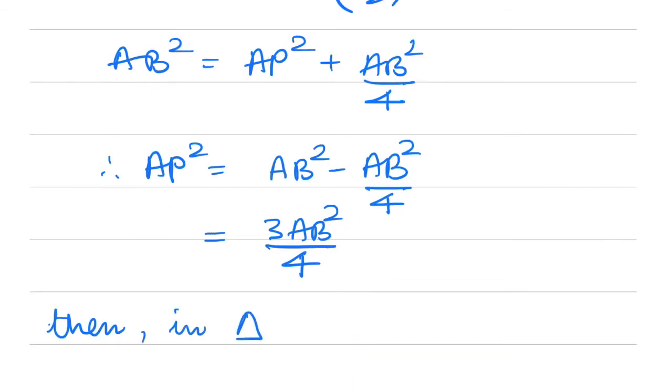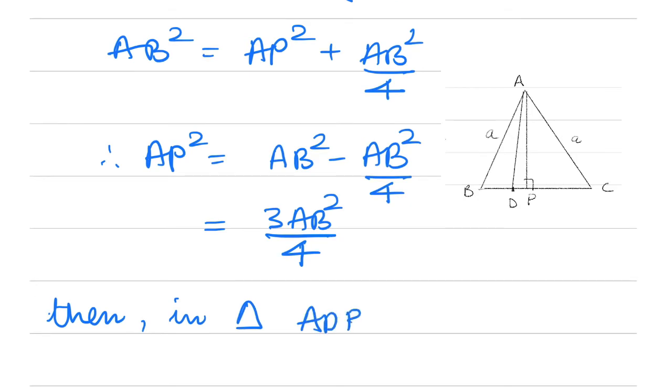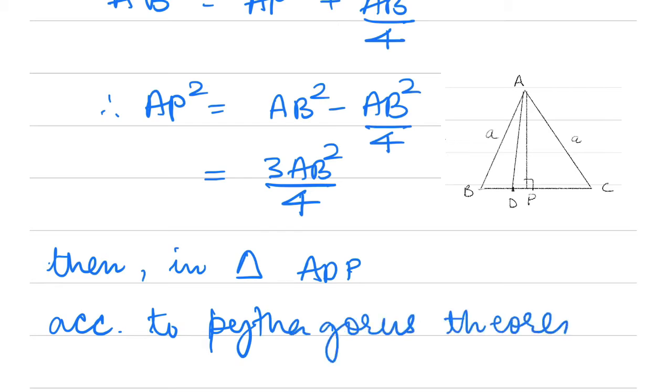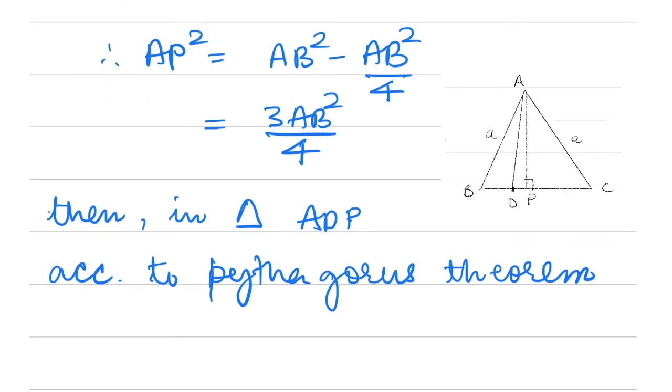In triangle ADP, according to Pythagoras theorem, we have AD square is equal to AP square plus DP square.